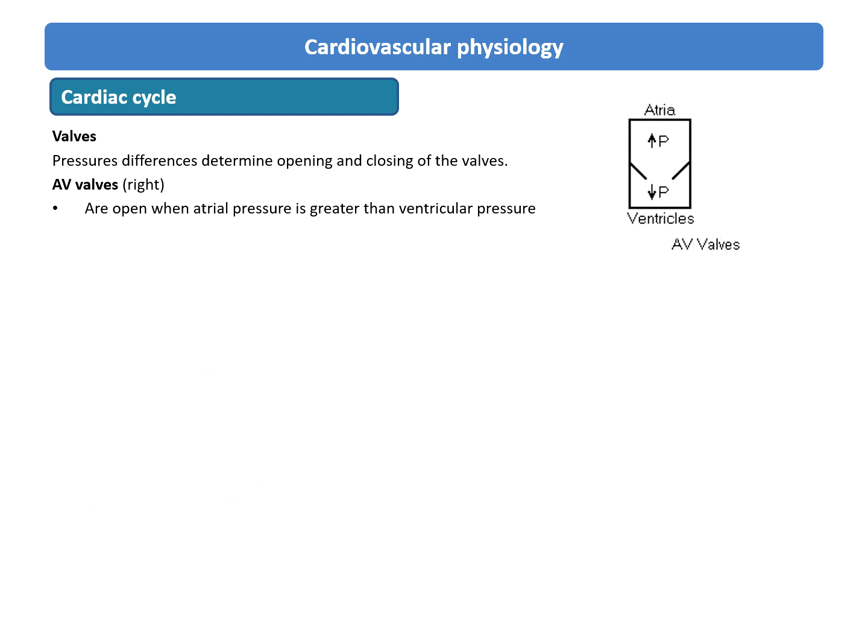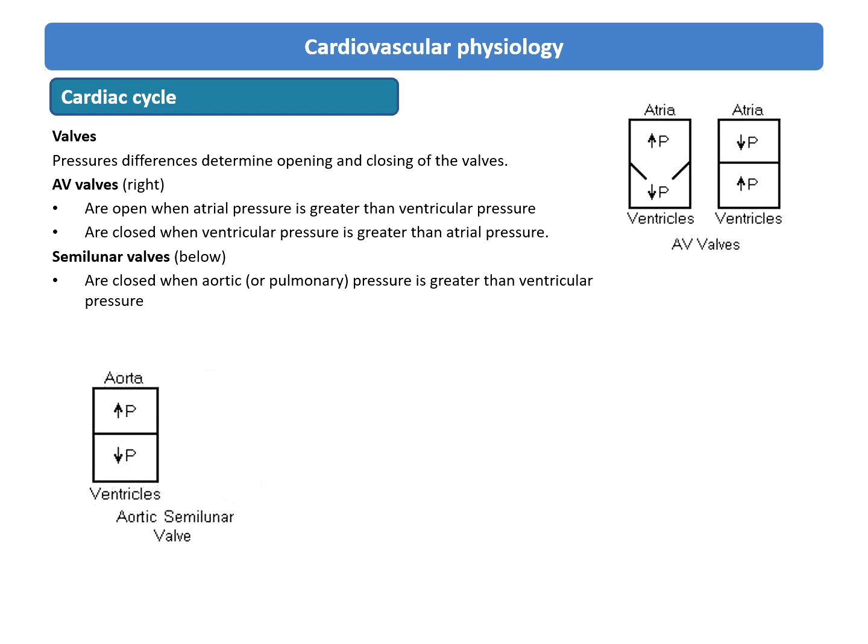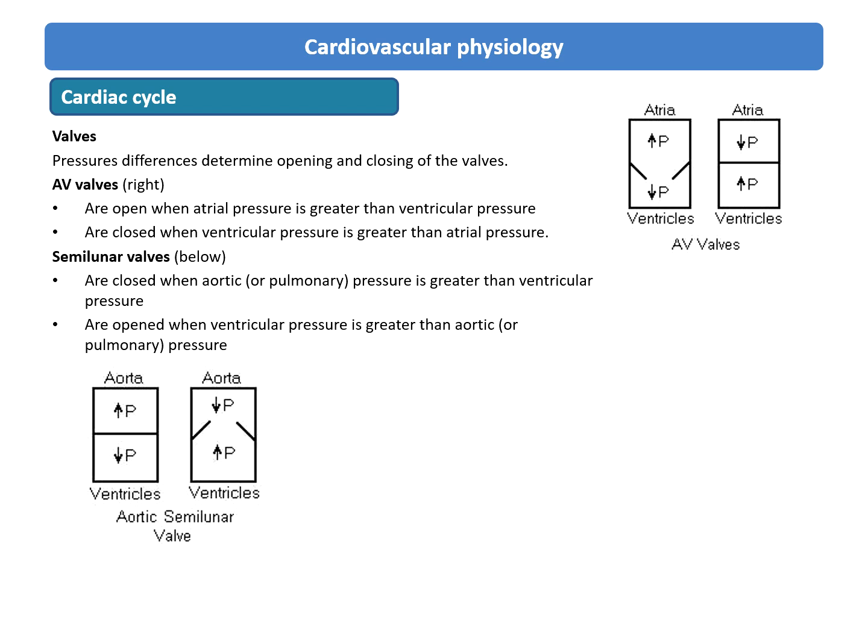These are open when atrial pressure is greater than ventricular pressure, and they're closed when ventricular pressure is greater than atrial pressure. How about the semilunar valves? These are closed when aortic or pulmonary pressure is greater than ventricular pressure. They're open when ventricular pressure is greater than aortic or pulmonary pressure.